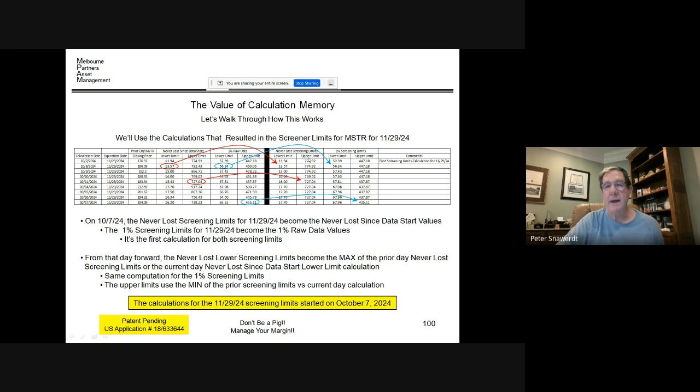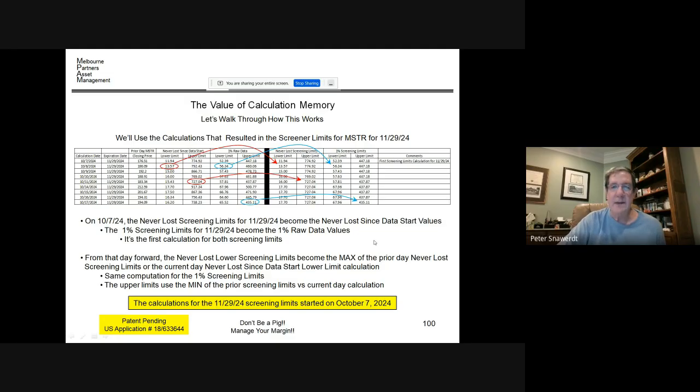On the upper limit side, we have the mins of all the maxes, so we need something lower. 774.92 matches what that day's calculation was. 774.92 here does not match this calculation. 774.92 does not match this calculation. 769.02 does match this one. 727.04 does match this one. 917 is greater than 727.04 there. 867.38, et cetera, et cetera.